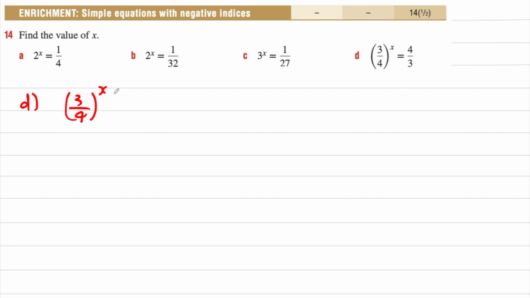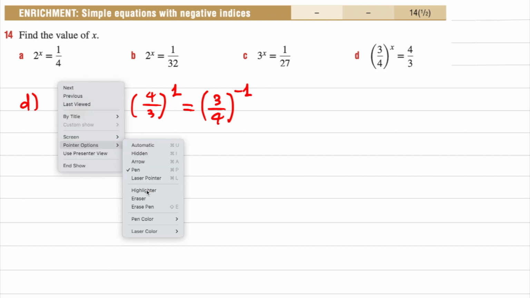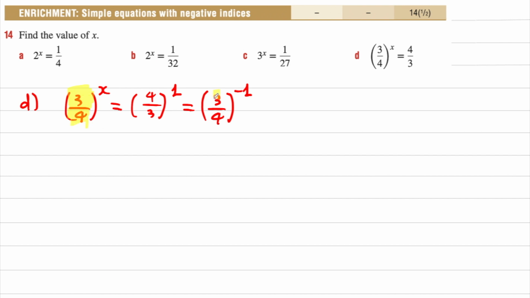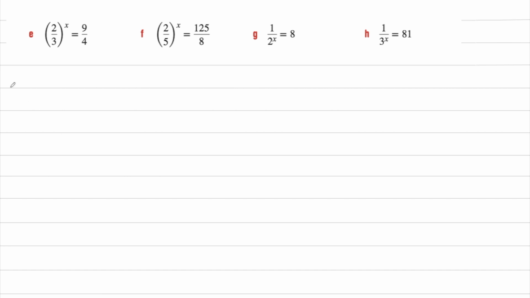The left-hand side I keep unchanged, but for this one I will write 4 over 3 to the power of 1, and I want to take the reciprocal of this fraction. I will convert the power number outside, from 4 over 3 becoming 3 over 4, this means minus 1. And then you can see these two exponents have the same base number, and then h will be equal to minus 1.